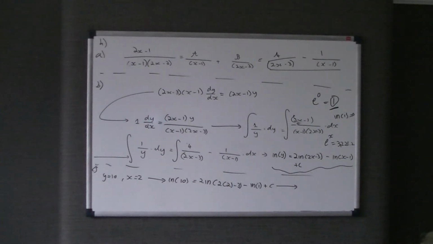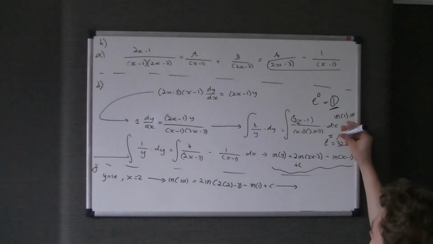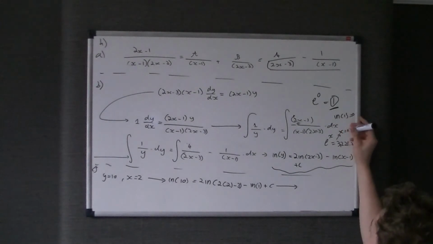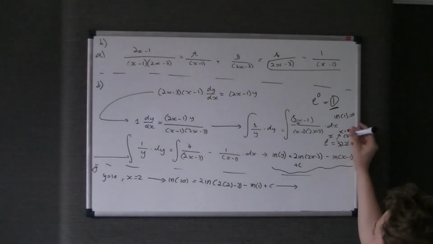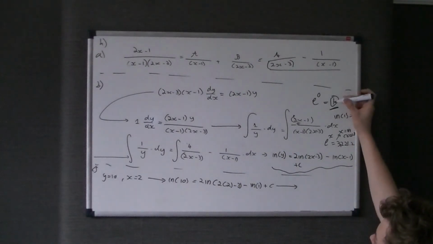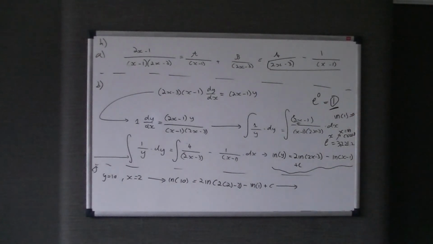Now you could use standard logs, but that's an exponential, we need the natural log of x. So use the same theory: you ln both sides, so therefore x is equal to the ln of 3,221.2.